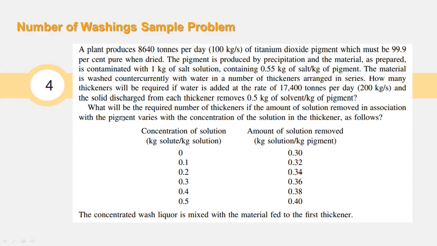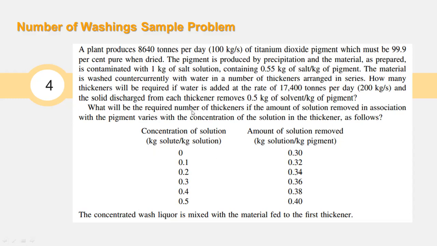In the second, it's the same question. However, we have to look into this relationship, or how the concentration of the solution varies with the amount of solution removed, or vice versa. How the amount of solution removed varies with the concentration of the solution. And you have here the corresponding set units for this degree of variation.